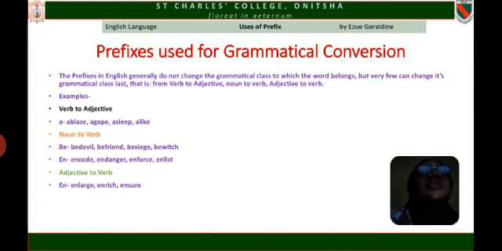So these are the little or minimal cases where prefixes are used for grammatical conversion. Note seriously that prefixes do not naturally change the meaning or the word class of the word. They modify it. Okay.